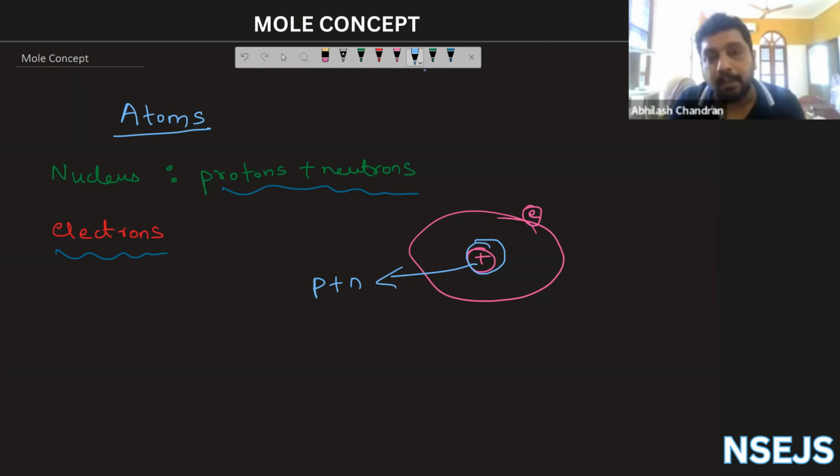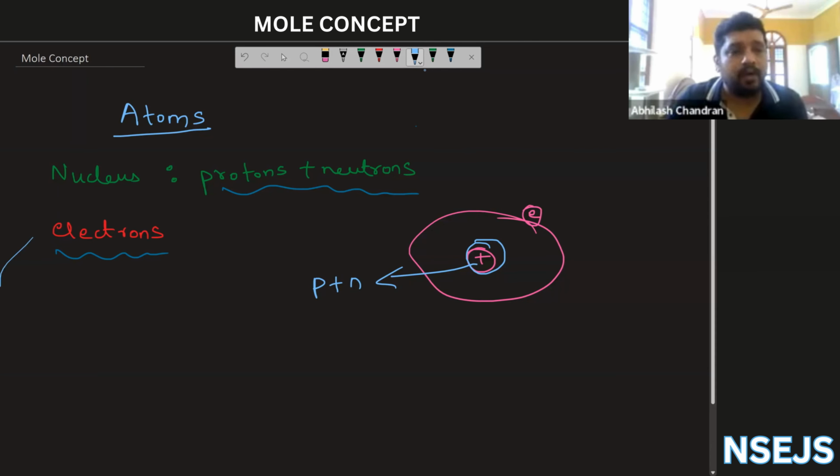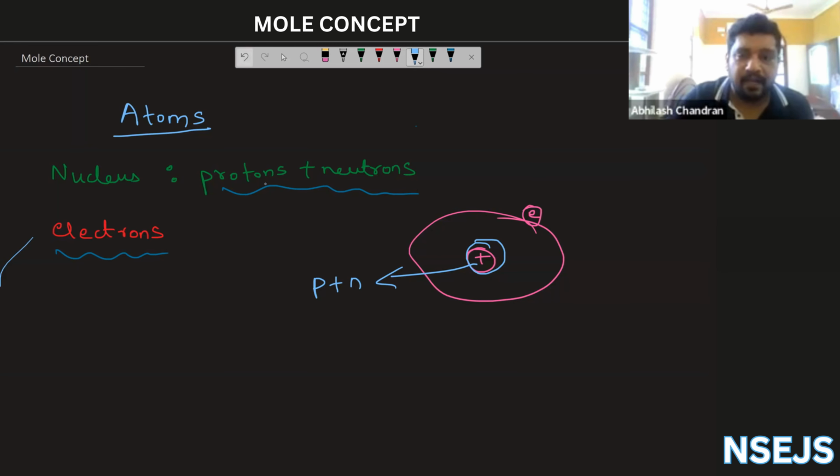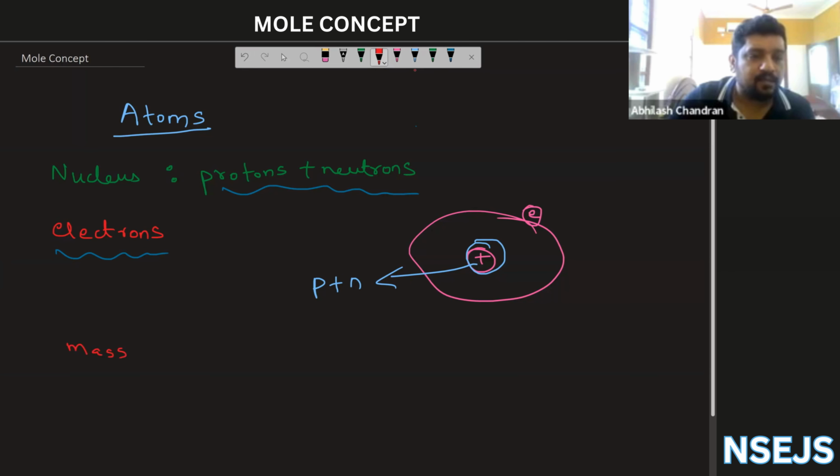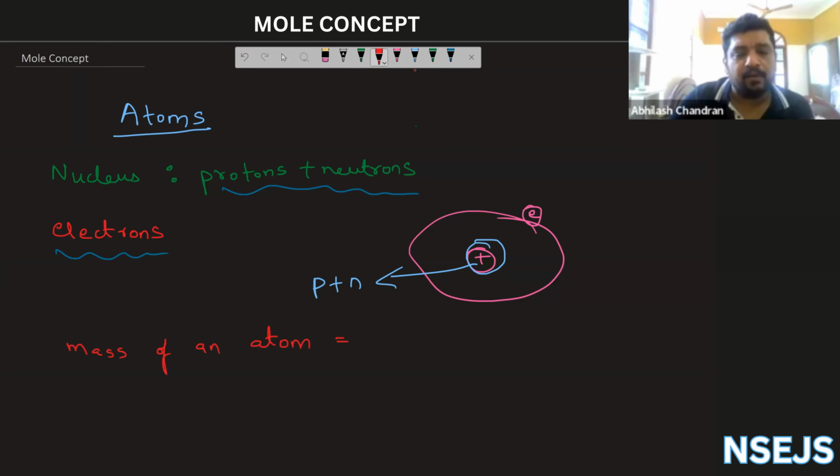You can think about mass as a very easy way to communicate the quantity of any substance we have. So if I'm speaking about the mass of an atom, I can say that it will be equal to the mass of protons plus neutrons plus electrons.